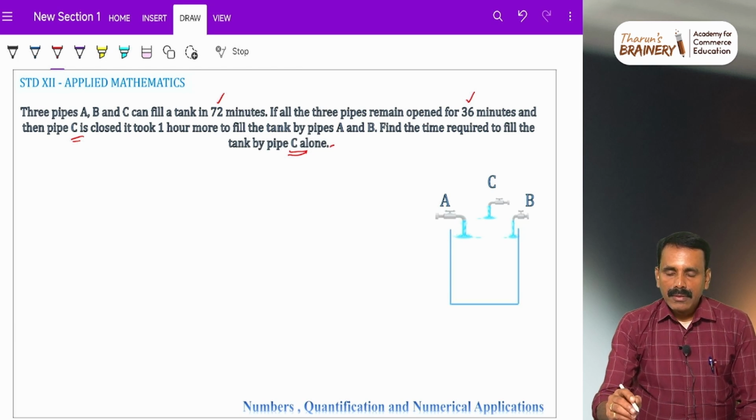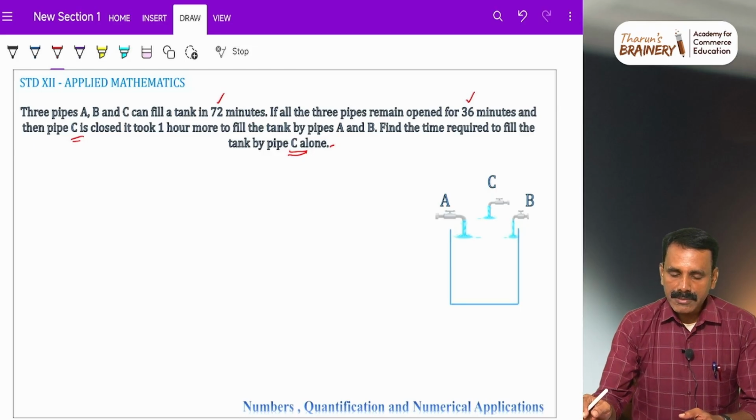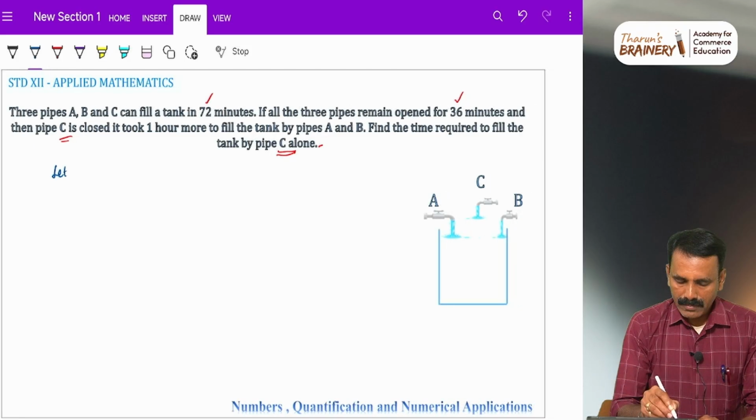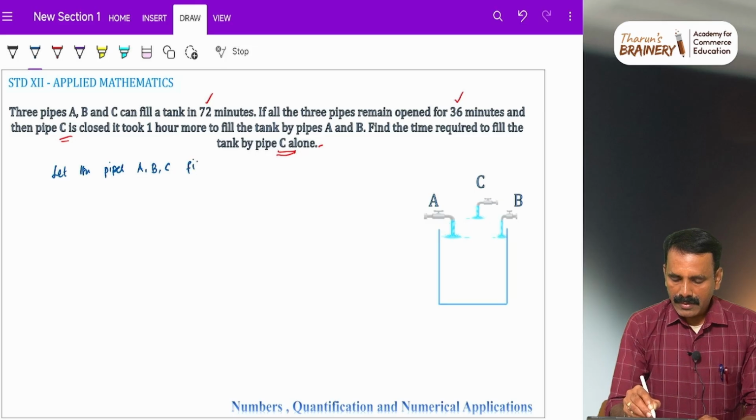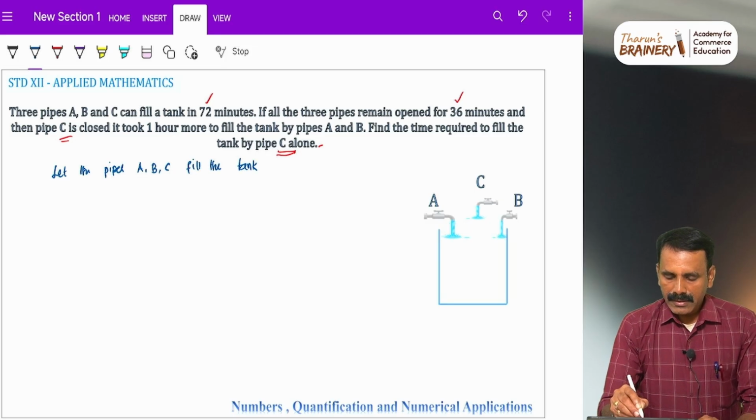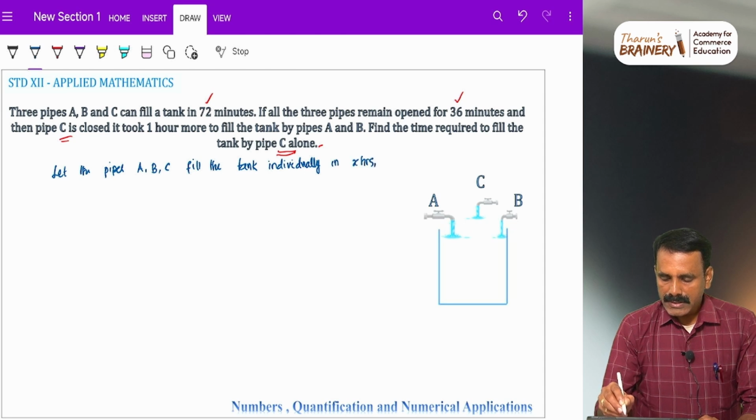But we have to start with the assumption that let the pipes A, B, C fill the tank individually in X hours, Y hours and Z hours respectively.